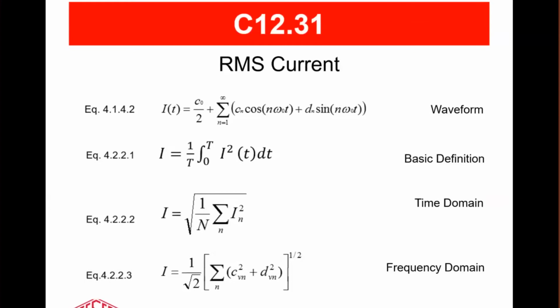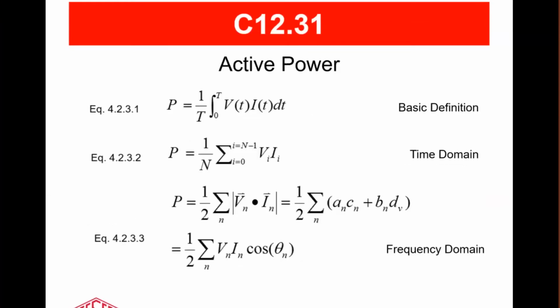There's similar definitions for the current. And for active power, again, we have the basic definition that we've had since the beginning of time, which is the integral of the instantaneous voltage times the instantaneous current. In the time domain, in the modern world, we replace that by a summation over all of the voltage and current data points that we take simultaneously.